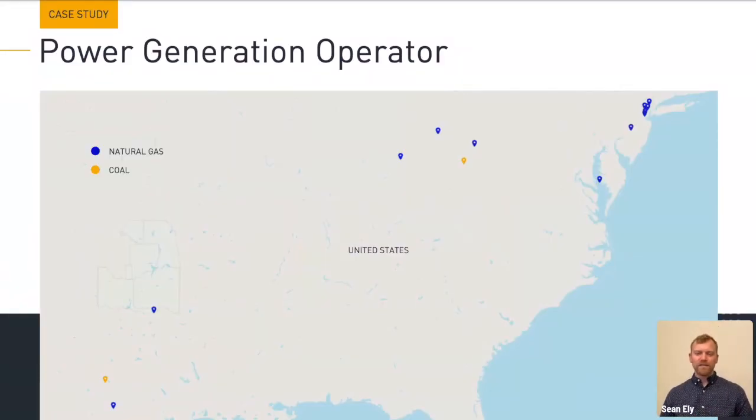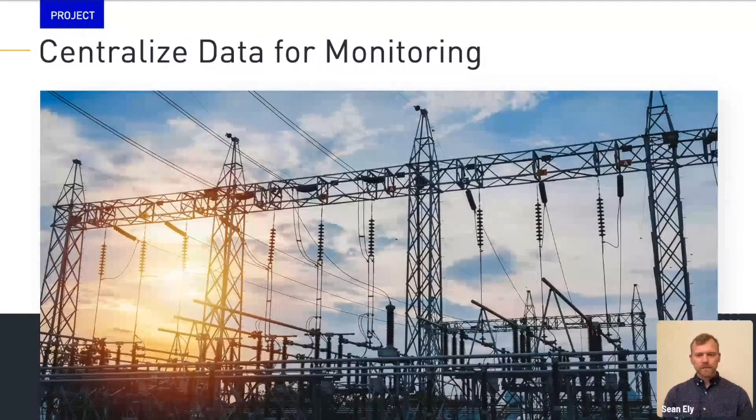This case study involves a power generation operator which operates a mix of natural gas and coal plants in North America. They operate 4 portfolios with a total of 32 power plants. The company had a problem with 4 separate portfolios of power generation assets.